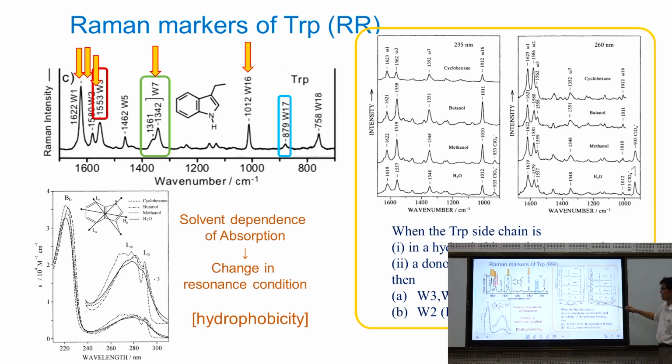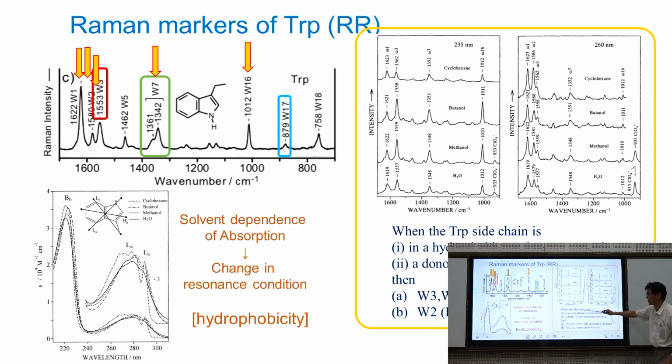So by this experiment, it is concluded that when the tryptophan side chain is in a hydrophobic environment and is a donor of hydrogen bonding, then W3 and W7 become large, W2 becomes small.